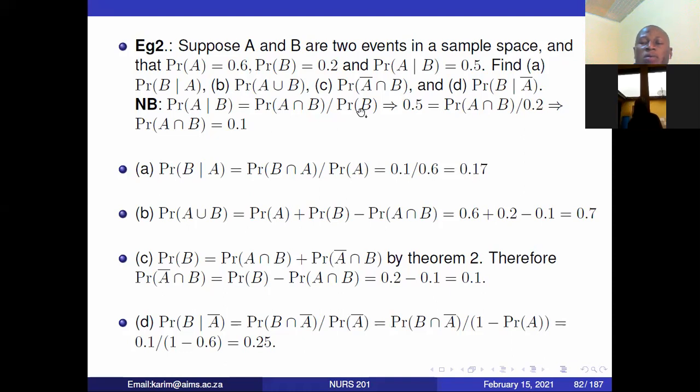I don't really understand how we have the 0.5. So what is the value of probability of A given B? What value is given for probability of A given B? 0.5. So why is it that you don't understand where we got the 0.5?